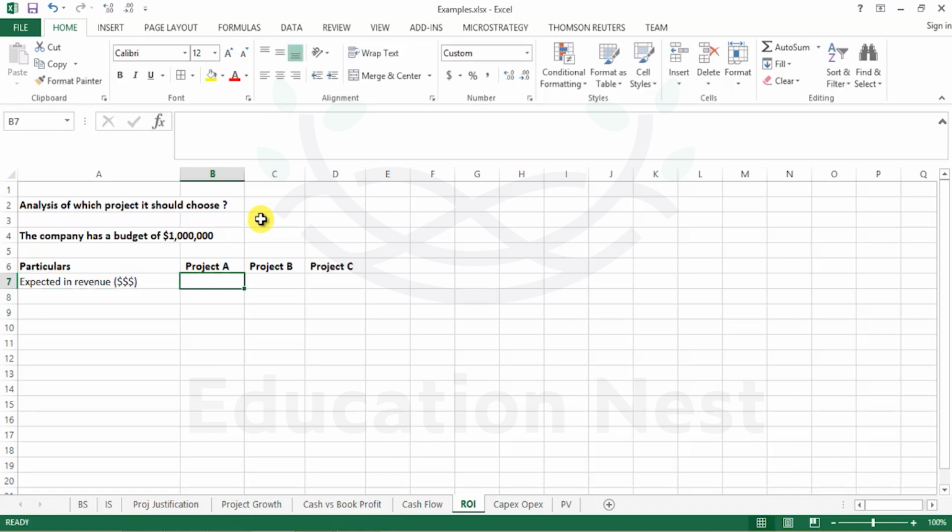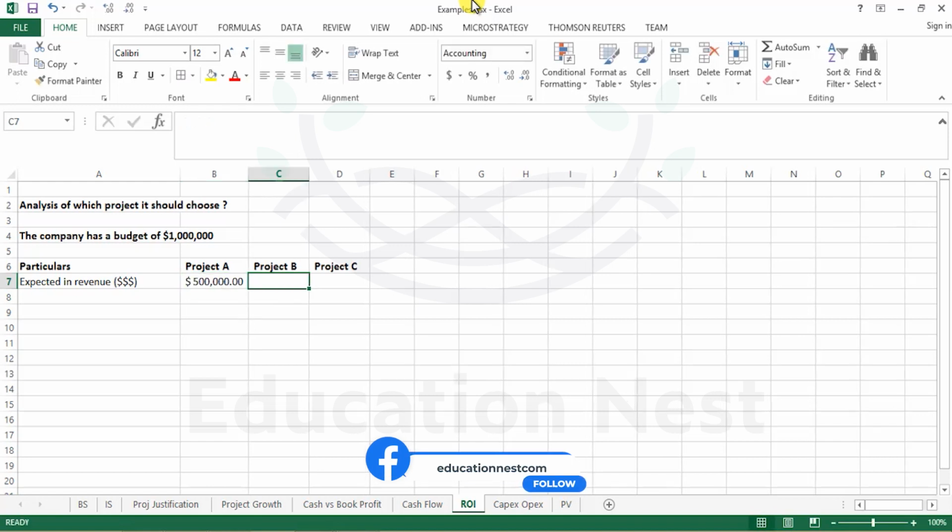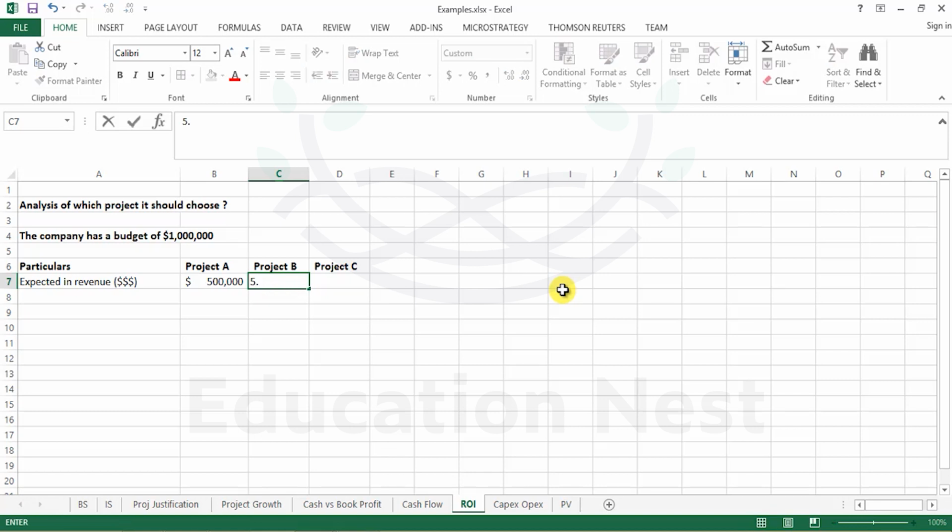By undertaking project A, let's say the company expects to have an increase of $500,000. By undertaking project B, the company expects to have an increase of $550,000. And by undertaking project C, it goes for a $700,000 increase. Now this is the expected increase in the revenue.